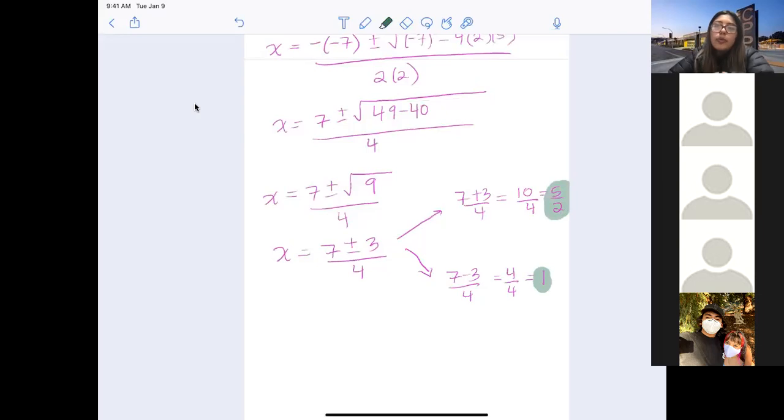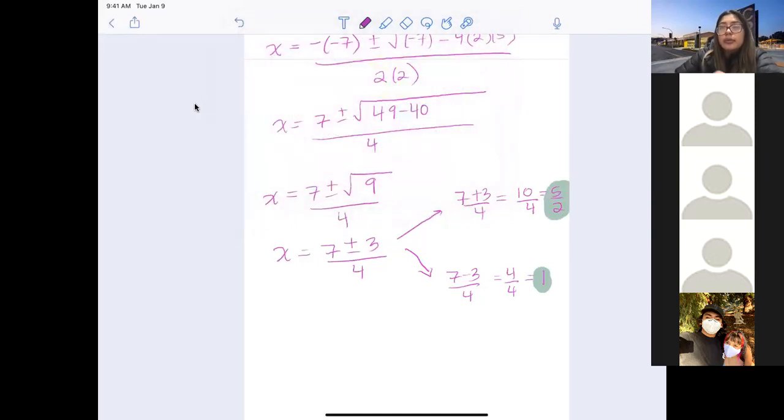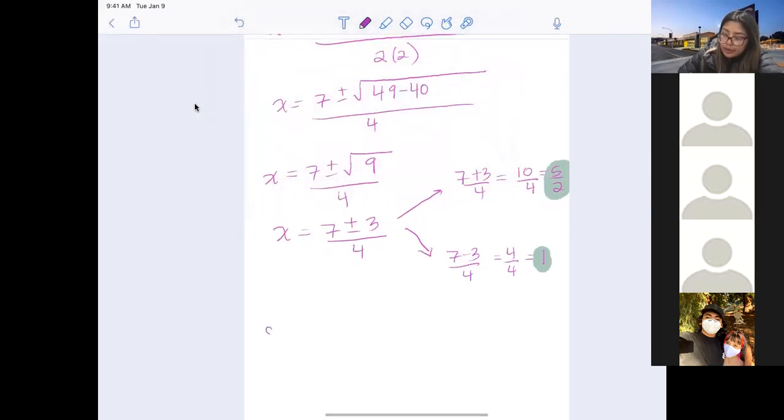You're not going to give me 4 over 4 or 10 over 4, because 10 over 4 could be reduced as 5/2. You always want to simplify your answer, and if you don't simplify it, it will mark it wrong. So at the end of the day, your solutions are 1 and 5/2. These are your answers.